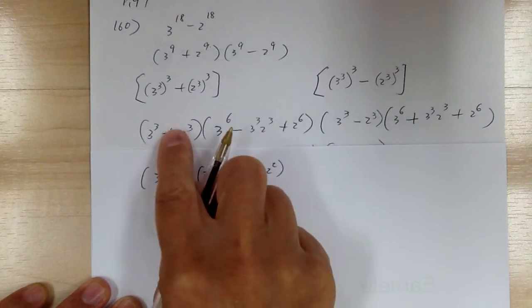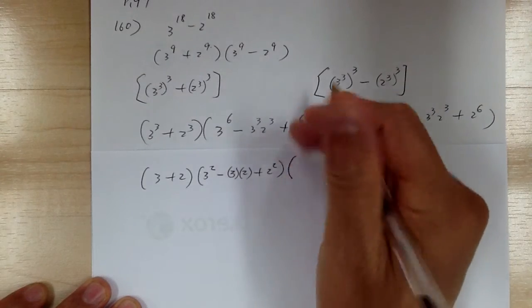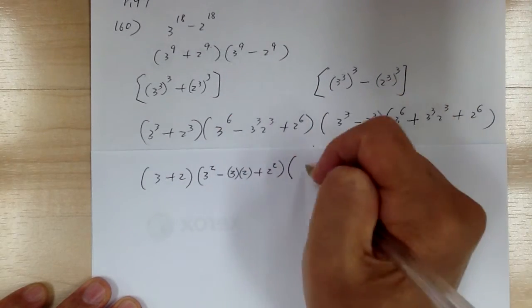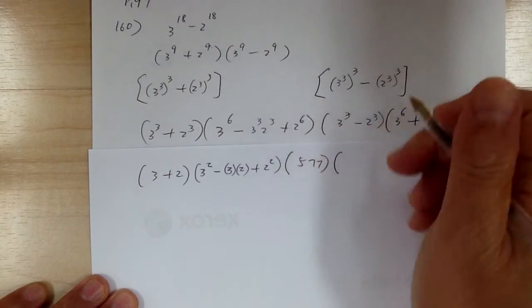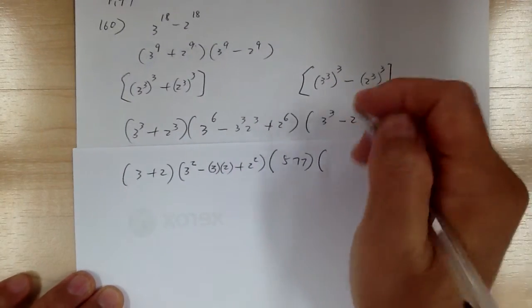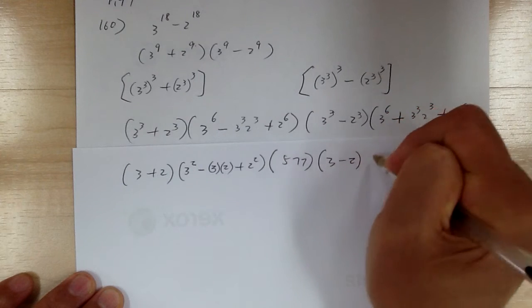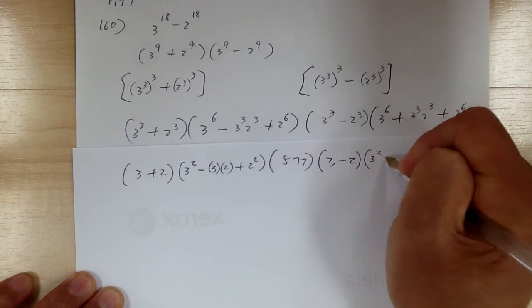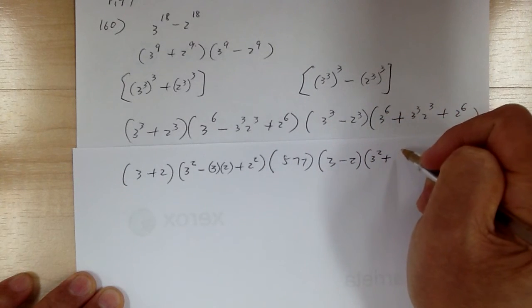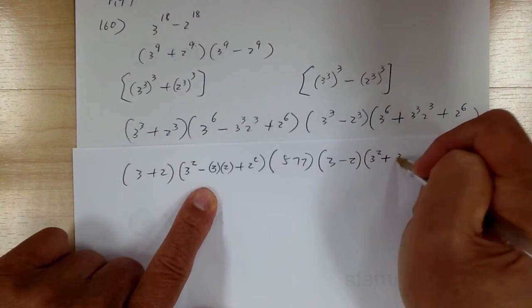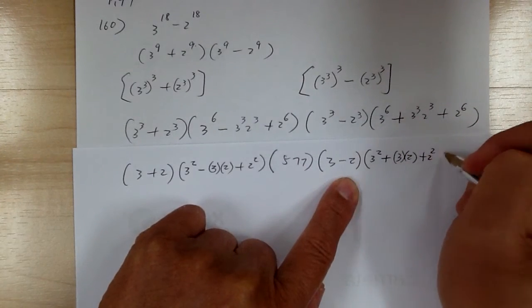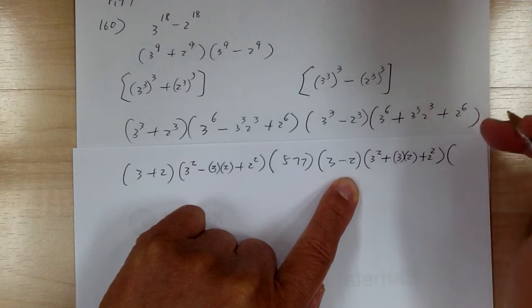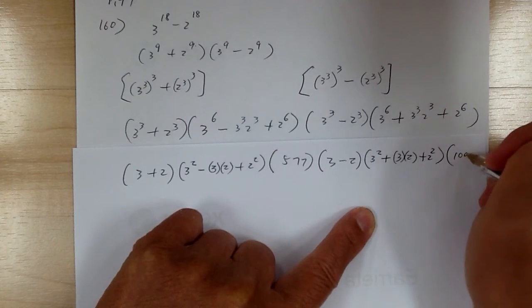So this is this, and this one will give you 577. Now when you factor the difference of cubes, you're going to get 3 minus 2, and you're going to get 3 squared plus 3 times 2 plus 2 squared. And this big parentheses over here is 1009.